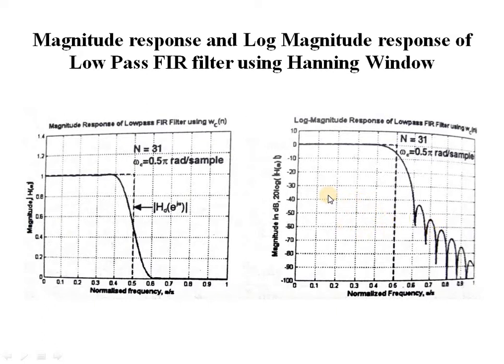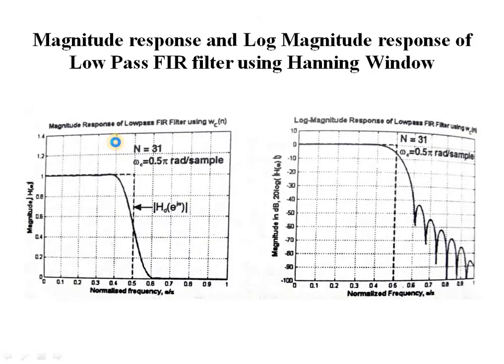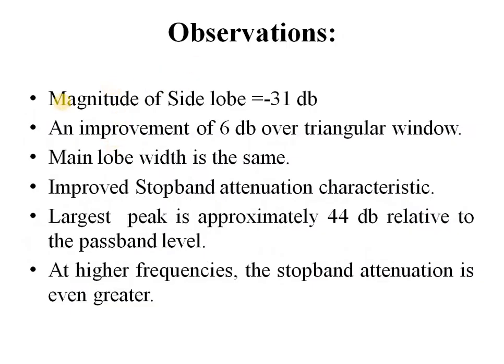Let us move to another class of raised cosine window, where A is taken as 0.54. I have summarized the observations that we discussed previously with respect to the different graphs. In the case of the Hanning window, the magnitude of the side lobe level is minus 31 dB, an improvement of 6 dB over the triangular window.